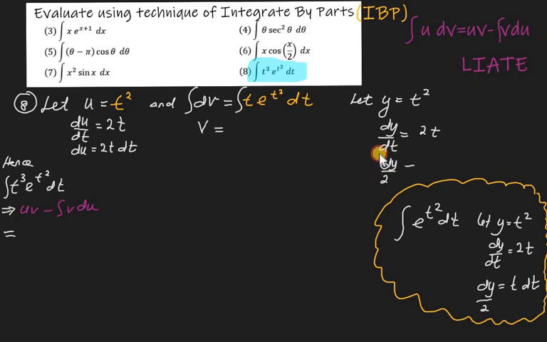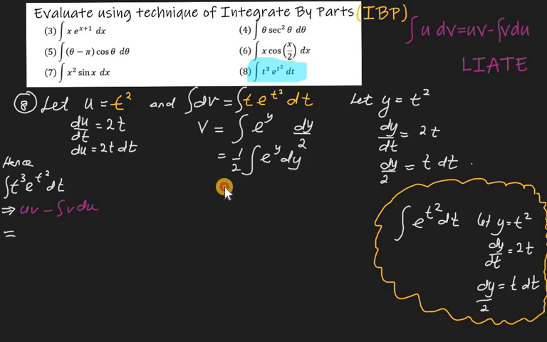When we change in terms of y, we need that t dt. As we substitute this value, t dt is now a simple dy over 2, and here we have e to the power y. Now we can integrate because we are left with one variable.